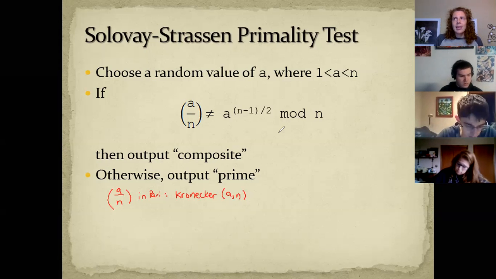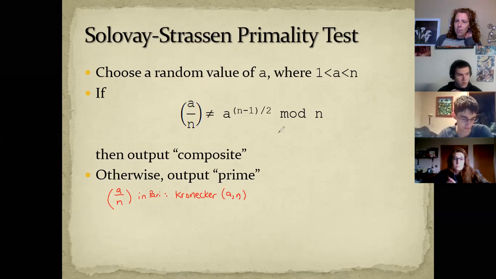The reason is that the Jacobi symbol is sometimes also called the Kronecker symbol. They have slightly different processes. One requires A and n to be relatively prime, and the other does not. They basically work the same way, so that's the symbol you want to use in Pari.